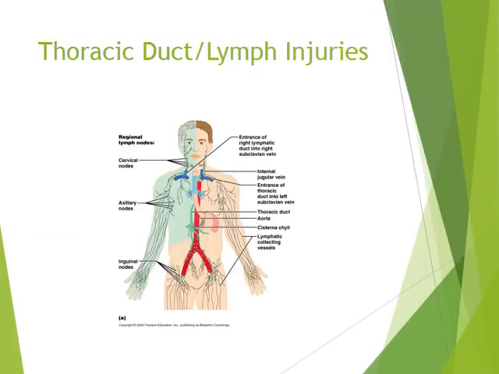Here's a good graphic of all of our lymph nodes, and about the middle of the page, there's a green duct that is our thoracic duct. So that's the area we're talking about right now. Commonly, if you have an injury there, it's usually due to radiation or to something like Hodgkin's lymphoma, where it gets so engorged that it may rupture or cause a leak in that duct right there.